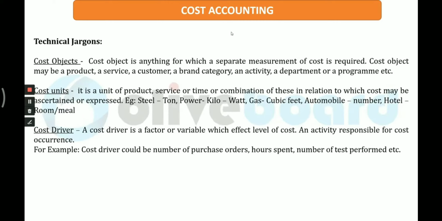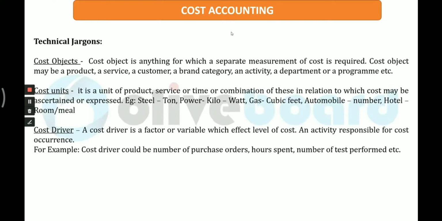Per unit means one single unit; it can be a kg, a ton, liters, numbers, dozens, anything for that matter. It is nothing but the measurement of the output: how you are going to produce your output, and how you are going to measure the cost for that output. That output measurement is called cost units.